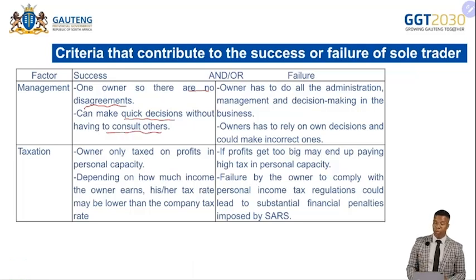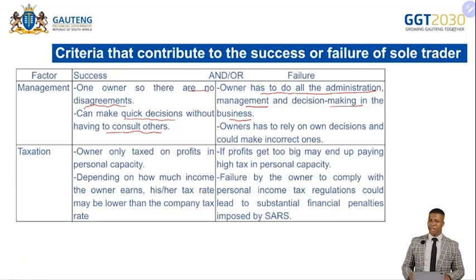But when we look into the failure now of your sole trader owner, the owner has to do all the administration, management, and decision making in the business alone. And sometimes it doesn't necessarily mean the owner will always be right. So they need somewhere, somehow to consult with others and get some other people's input. But that can now become a failure of a sole trader because the owner will make all the decisions alone.